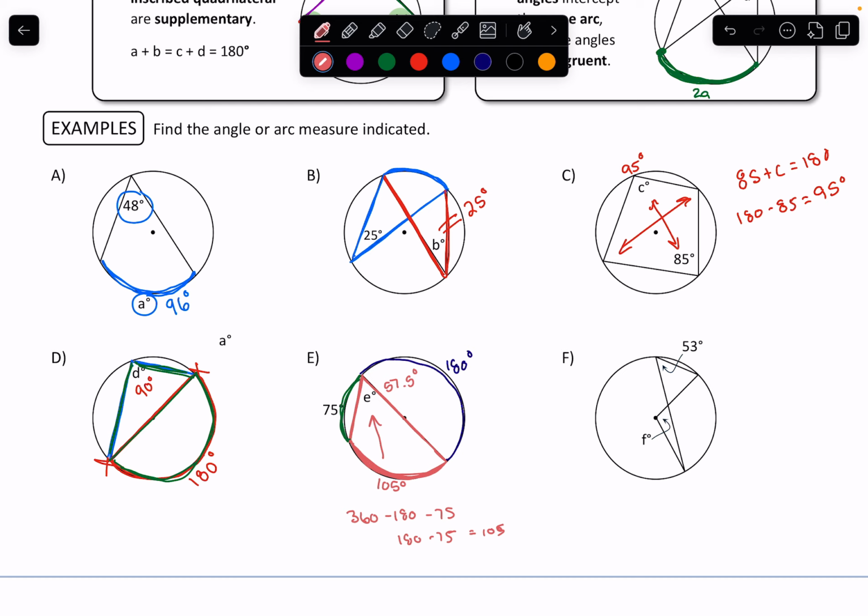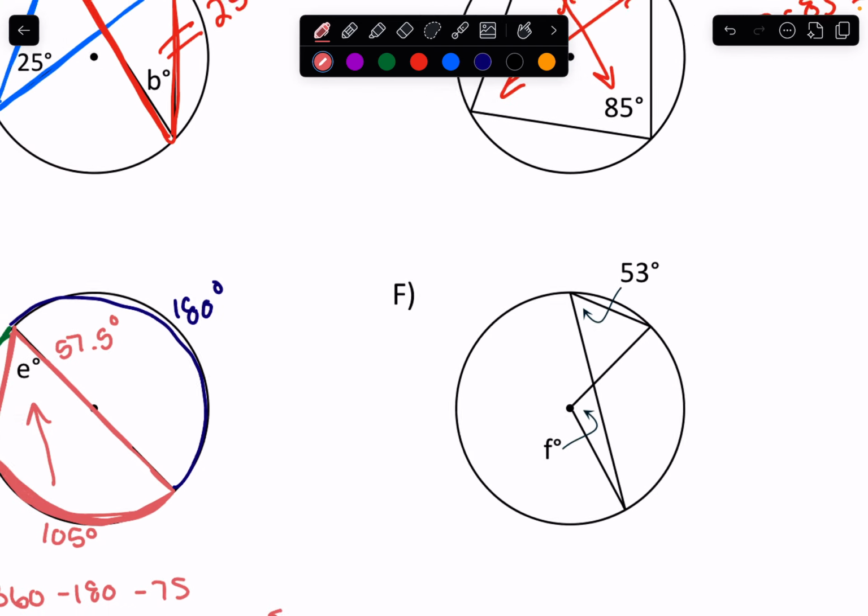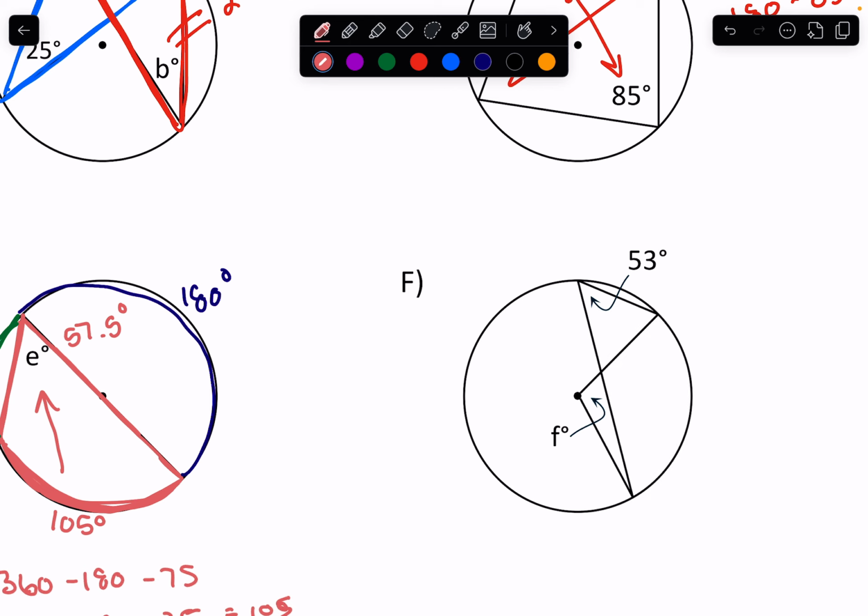Okay, let's go to problem F. Problem F, I'm going to zoom in a little bit to try and see something a little bit closer up, because there's a lot going on in a small amount of space. So I'm looking for this blue central angle right here.